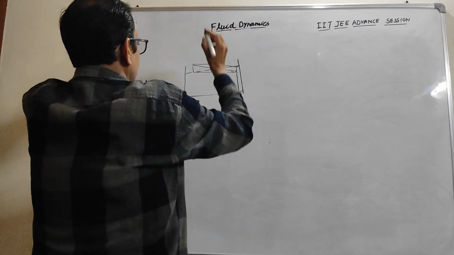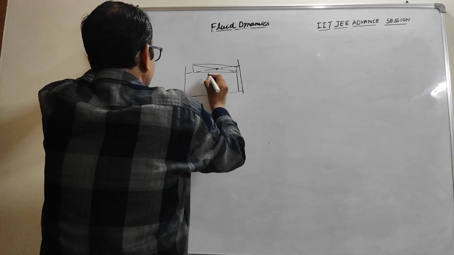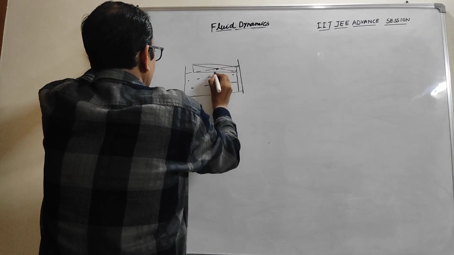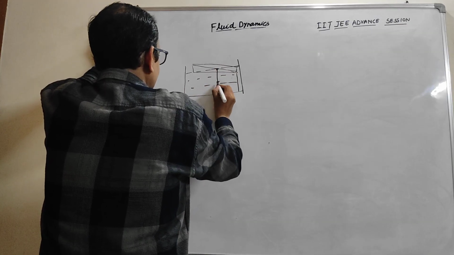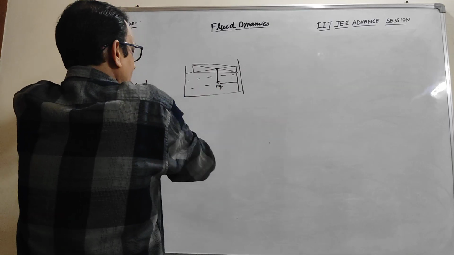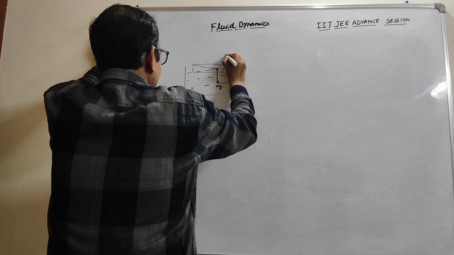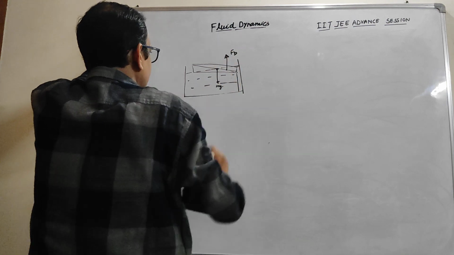So we know that this is the liquid, the gravitational force is acting in this direction, this is mg on the whole block, and the buoyant force will be acting in that direction, this is fb.